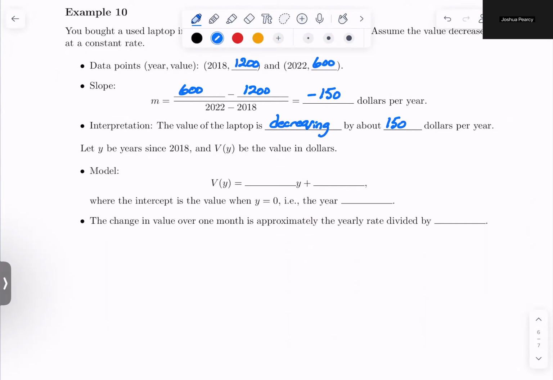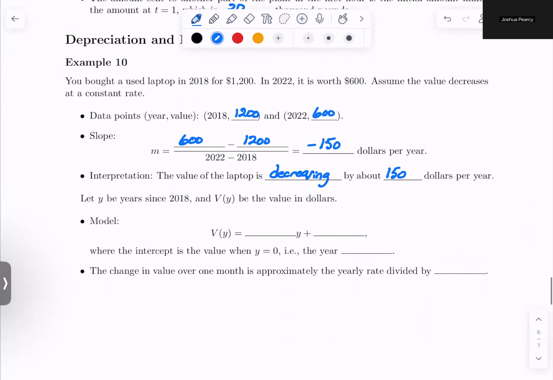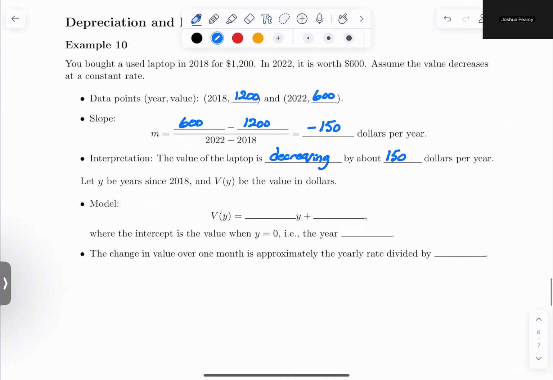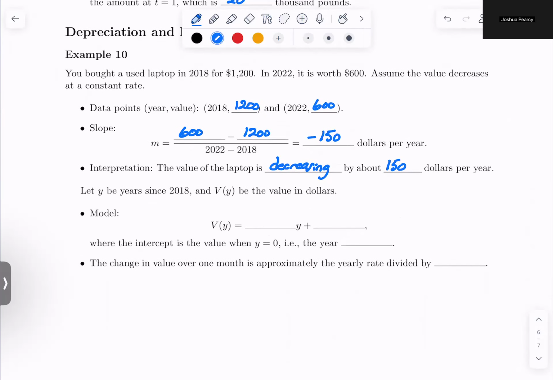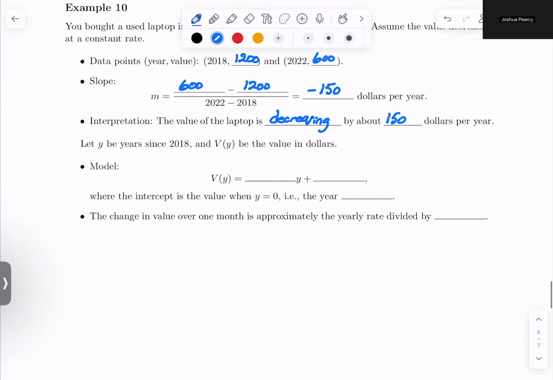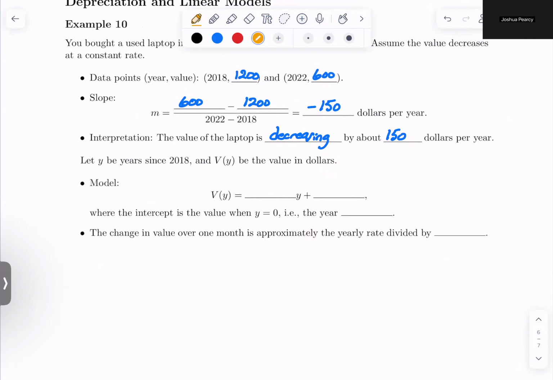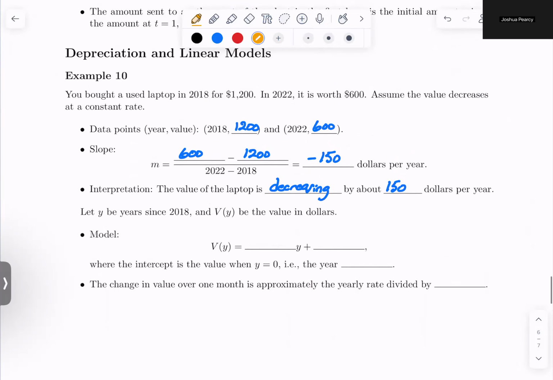So now we're going to do something a little different. We're going to change what our actual thing we're looking at is. So here we were given the years originally, right? We were given 2018 and 2022. Now we're going to convert this to years since 2018. And this will make it easier because whenever I convert to years since 2018, then 2018 becomes a 0 and 2022 becomes a 4.